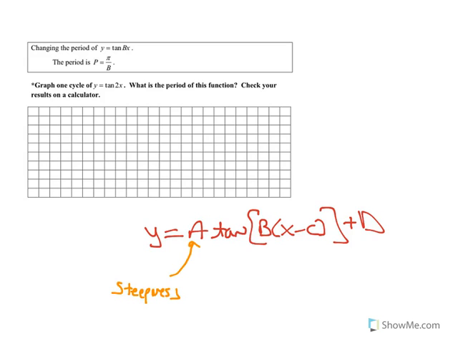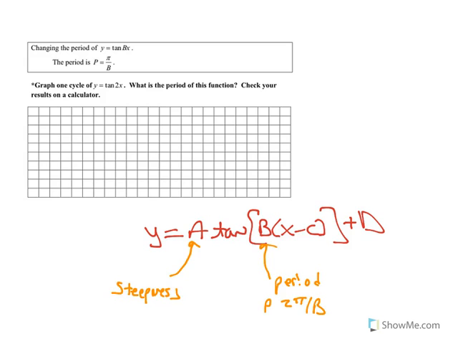So whether it gets taller faster, or slower. This is going to change the period. The fundamental cycle is only pi long, so your period is going to be found by doing pi divided by the b value. So your period is going to be pi divided by b.